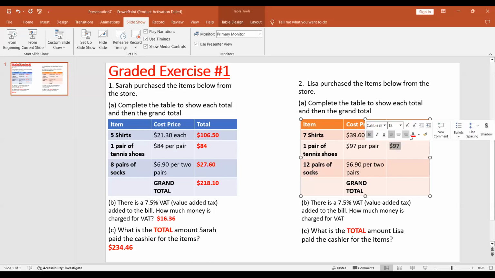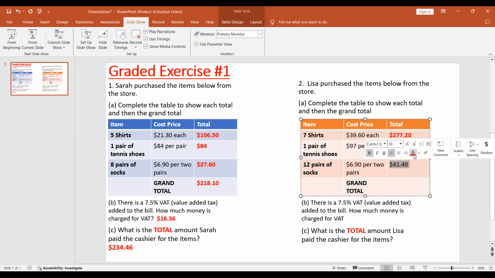$97. And then we have 12 pairs of socks at $6.90. What are we gonna do? I got $41.40 because you have to divide 12 by 2, then multiply your answer by 6.90. So 12 divided by 2 is 6, and you multiply the 6 by 6.90, and that's gonna give us $41.40.